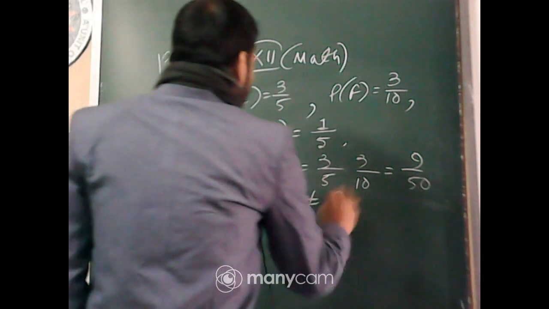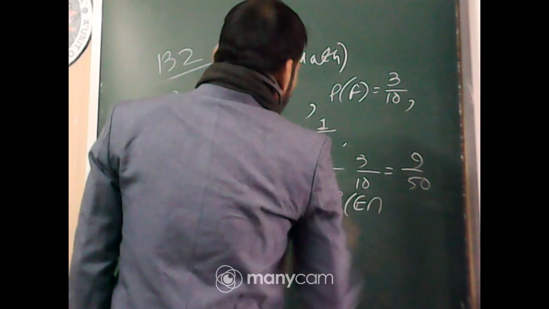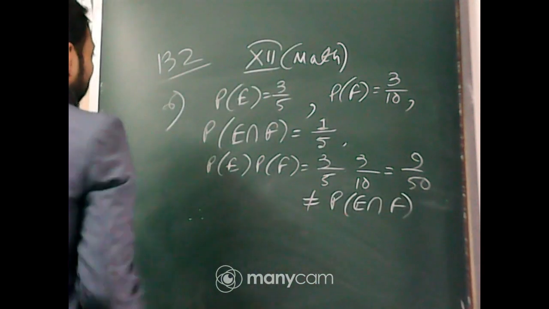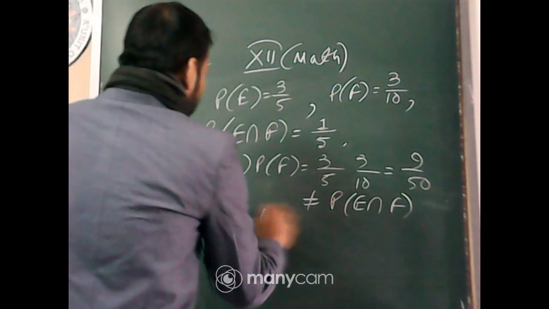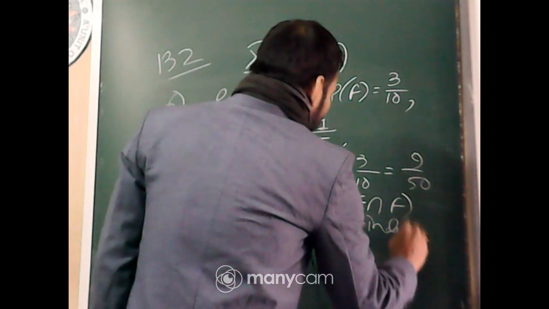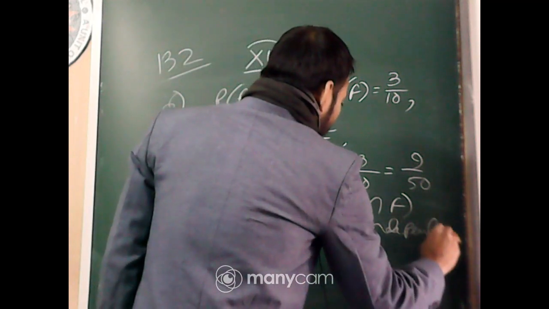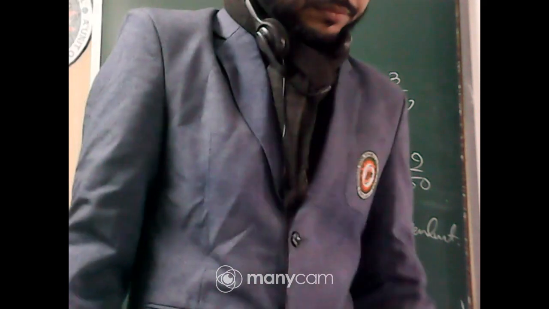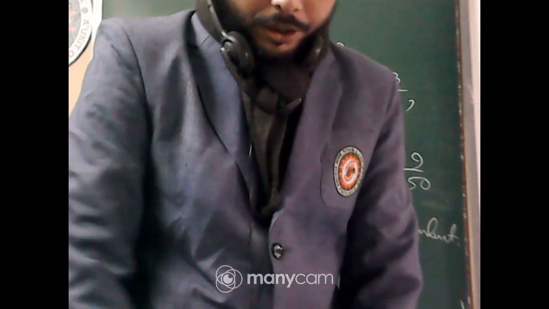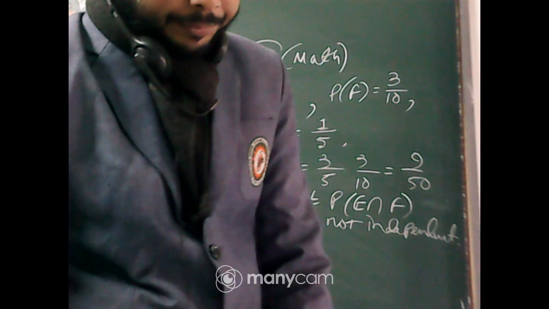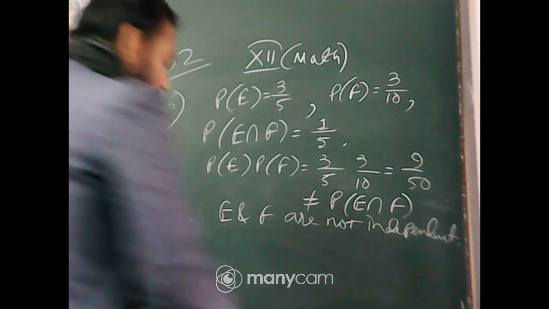So not equal to P of E intersection F. That means we can conclude here E and F are not independent. Have you got it? Question number 6, have you got it? Can I move on to question number 7? Okay, so move on to question number 7.